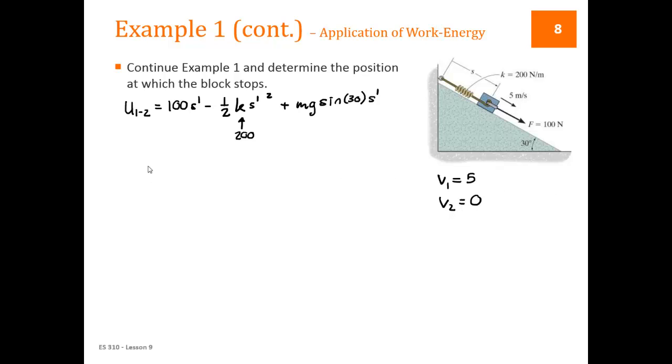So we have the expression T1 plus U from 1 to 2 is equal to T2. T1 is 1/2 mass times V1 squared plus U from 1 to 2 is equal to 1/2 mass times V2 squared. This is 0.